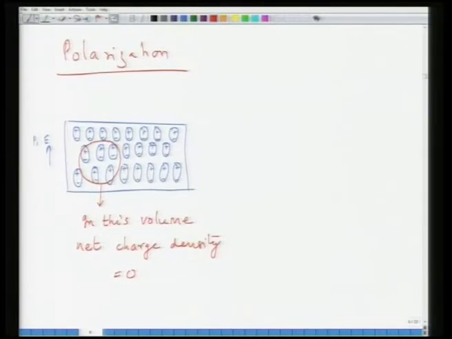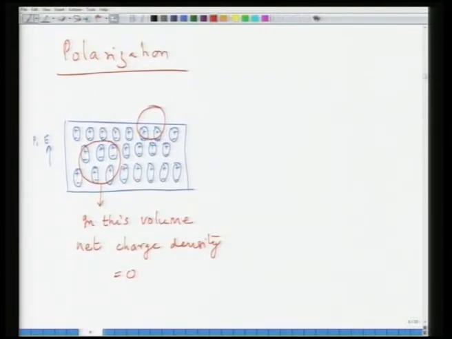However, when you look at the surface, within the material's volume, since the number of positive charges is equal to the number of negative charges, the net charge density is equal to 0. However, on the surface you have a finite amount of a particular charge.